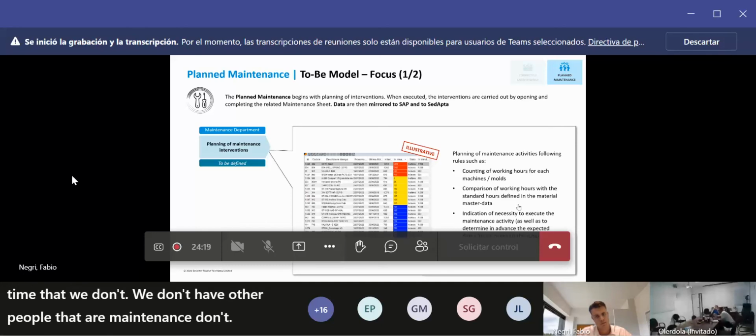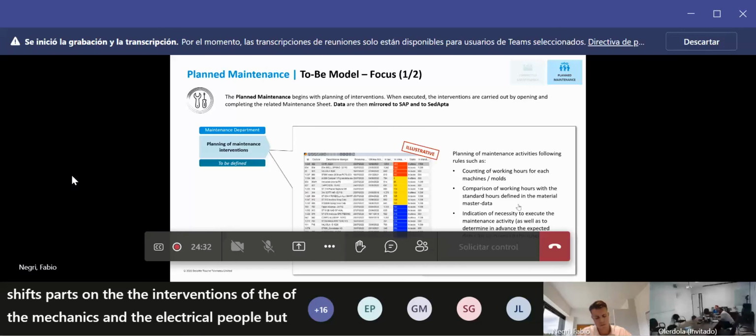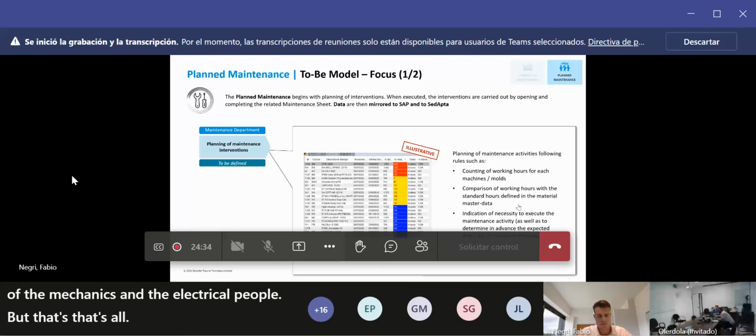So right now we report on the shift parts, on the interventions of the mechanics and the electrical people, but that's all.